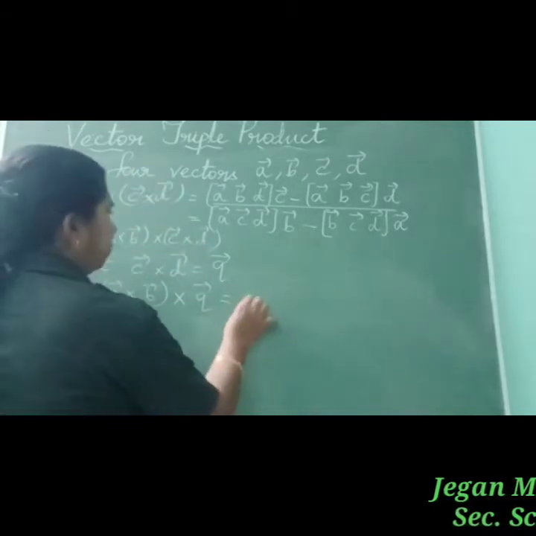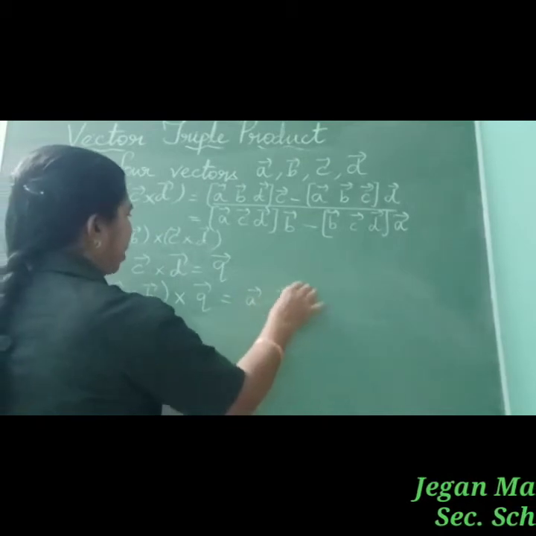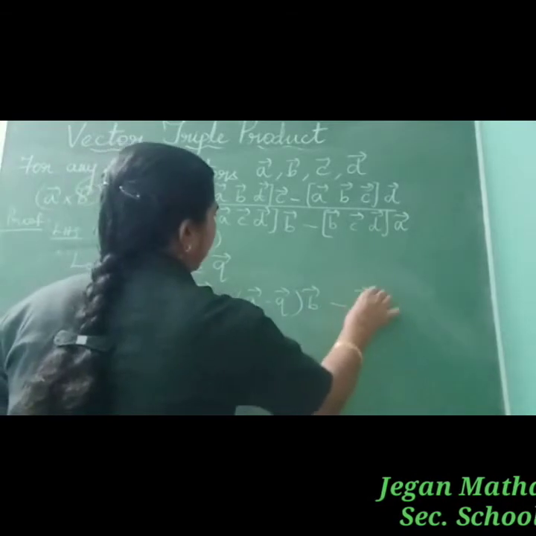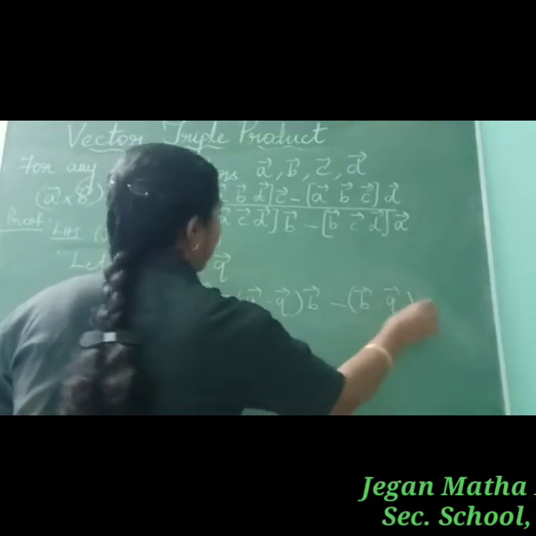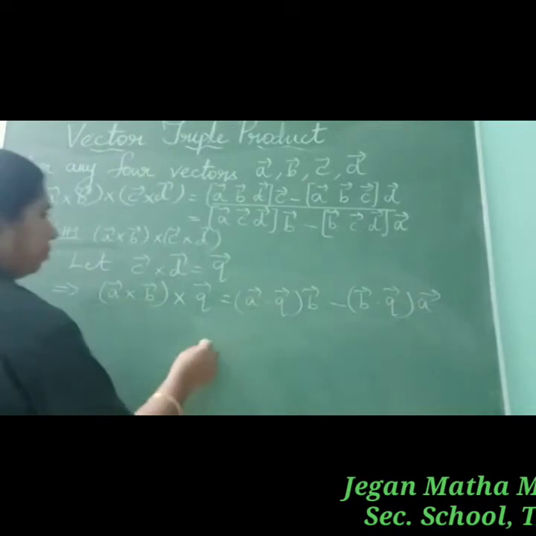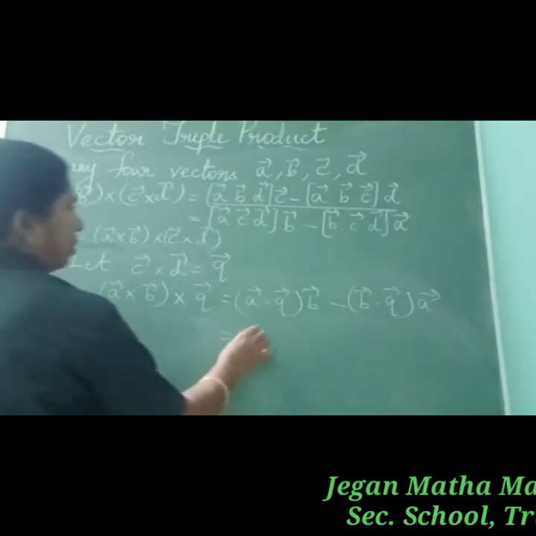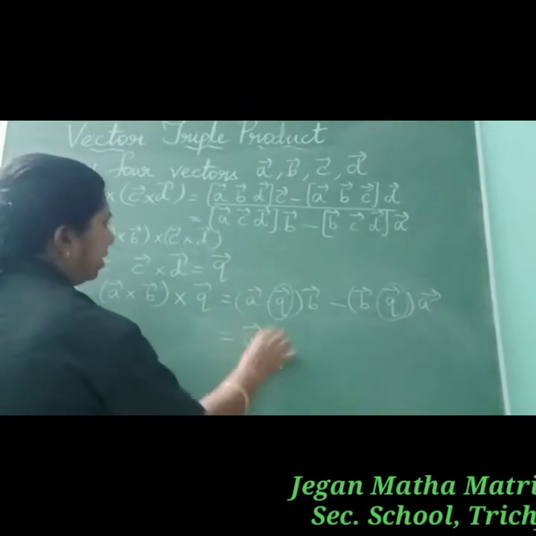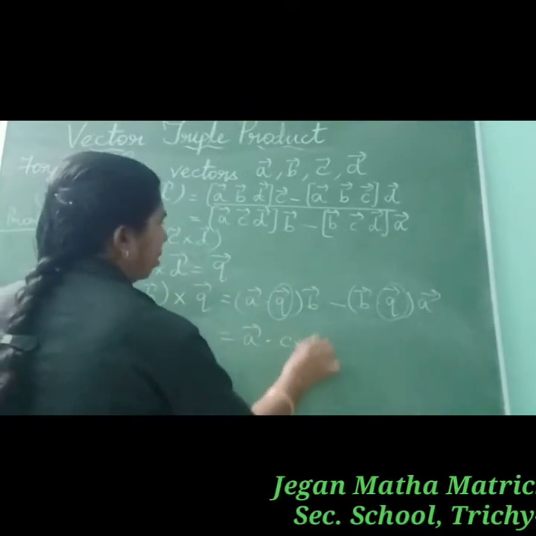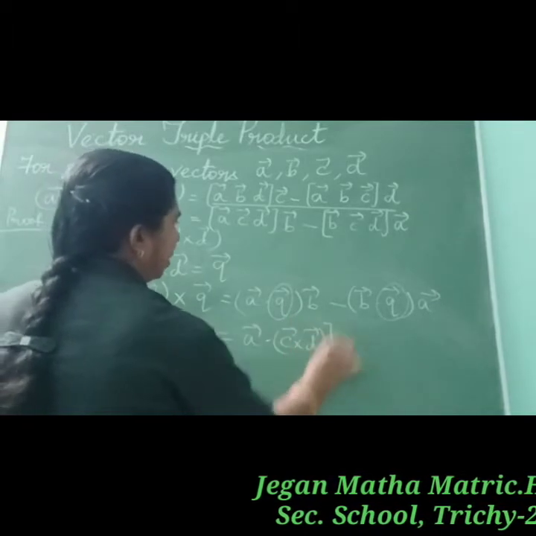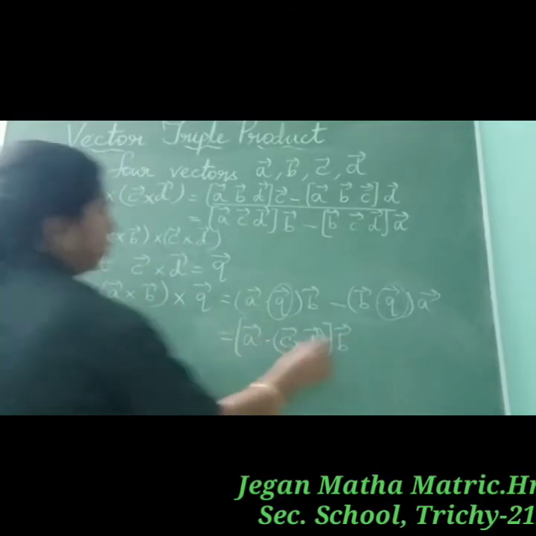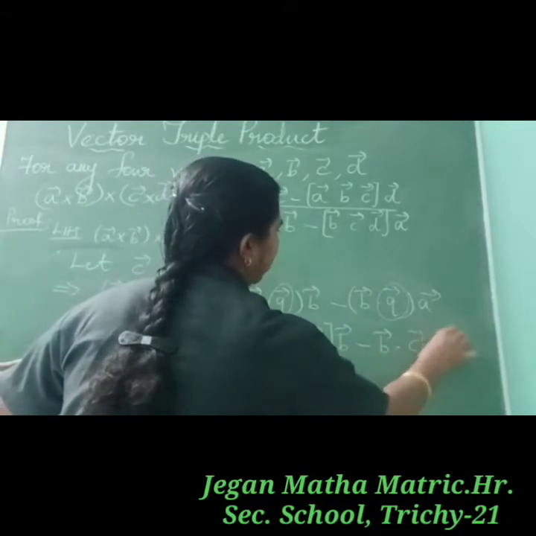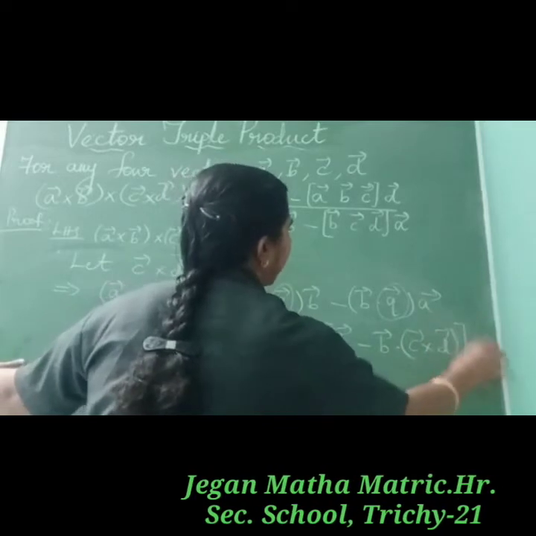So we can write (A dot Q) into B vector minus (B dot Q) into A vector. Replacing the value of Q, A dot (C cross D) into B vector minus B dot (C cross D) into A vector.